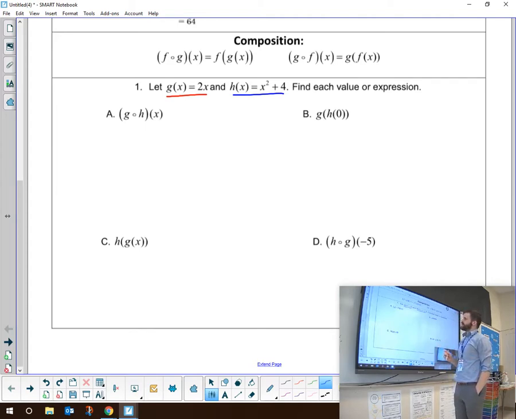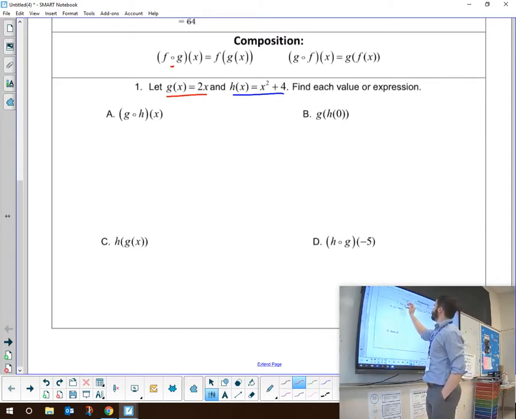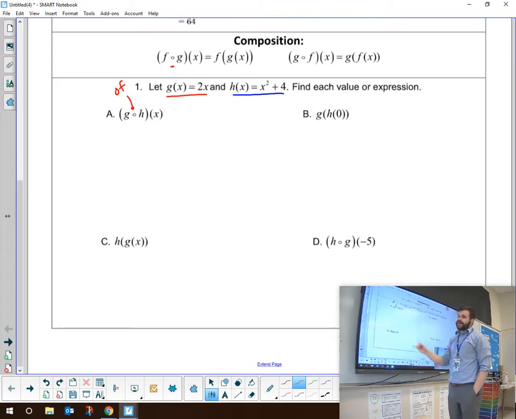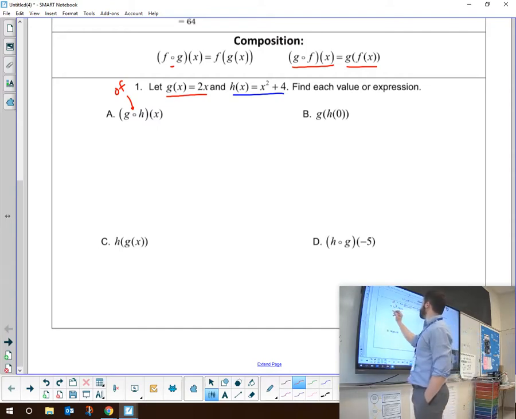Now, composition is represented by this little symbol right here. Okay? That little symbol, I just call my of symbol. It's g of h. That's how you can read it. So if I have g of h of x, we're really stacking one inside of the other.